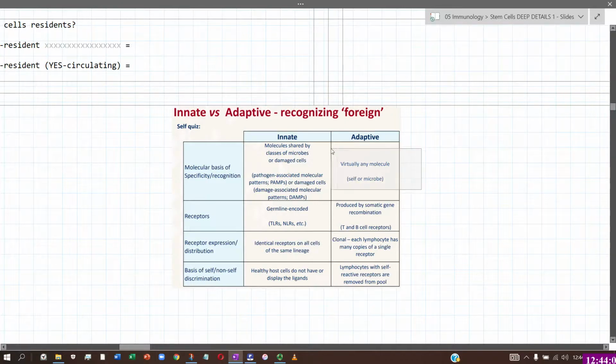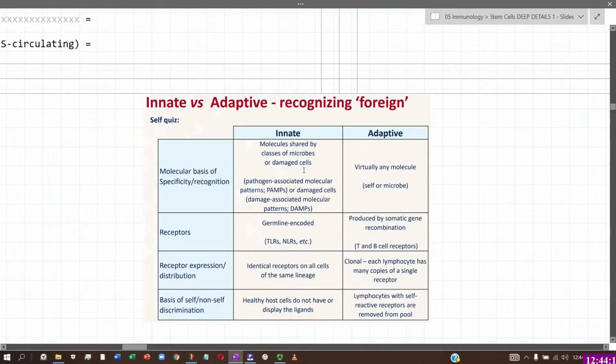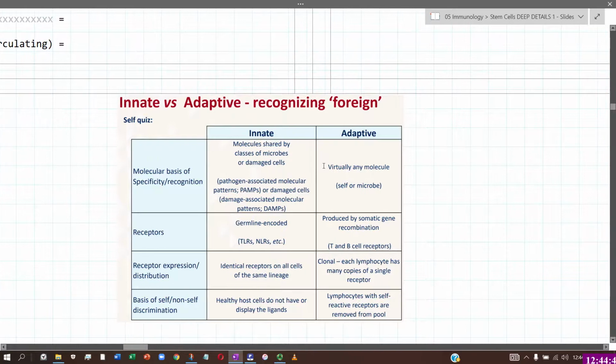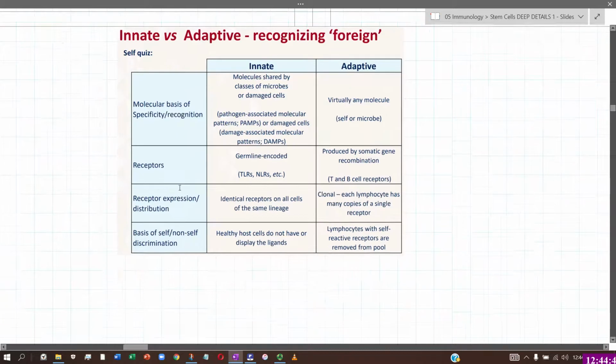Gotcha. Okay, that's pretty important, whether it's the self or the microbe. So the molecular basis of innate is specific molecules, and those are typically on the membranes of microbes or damaged cells, as opposed to adaptive, where any molecule can be the basis of specificity or recognition.